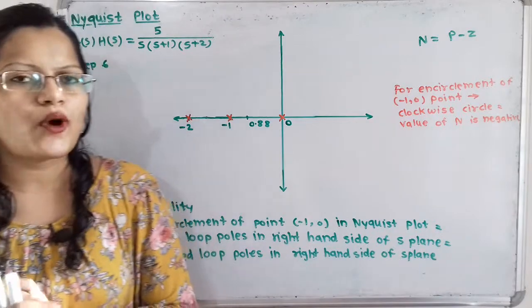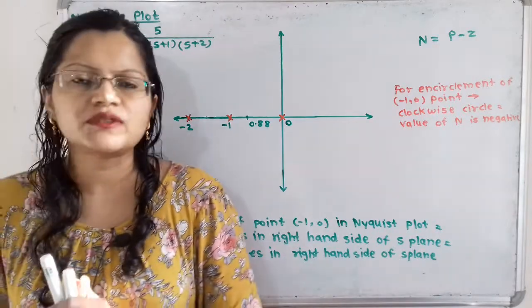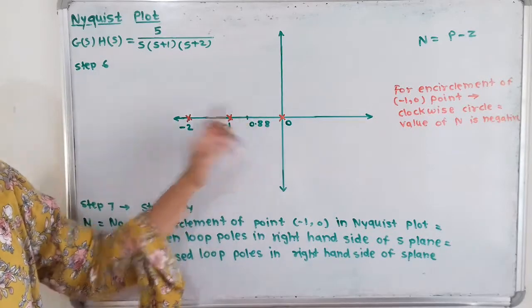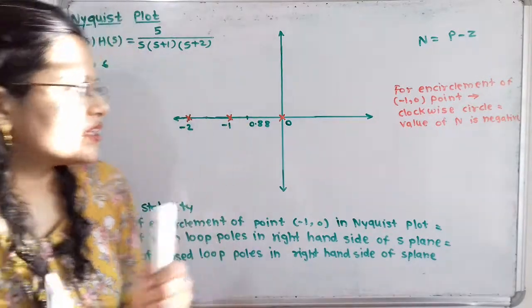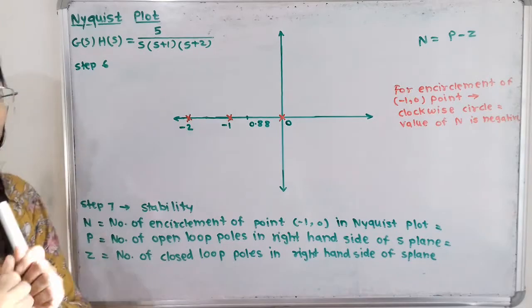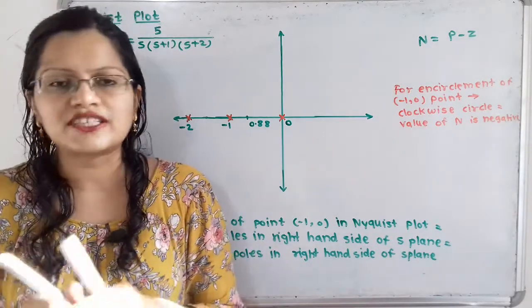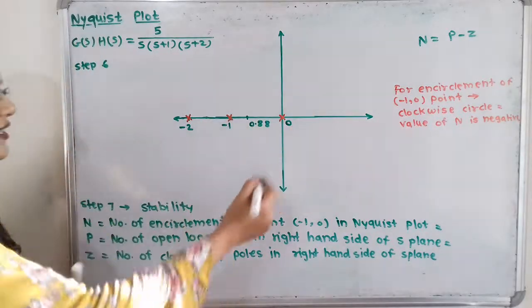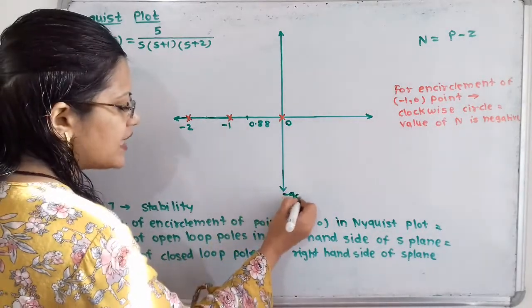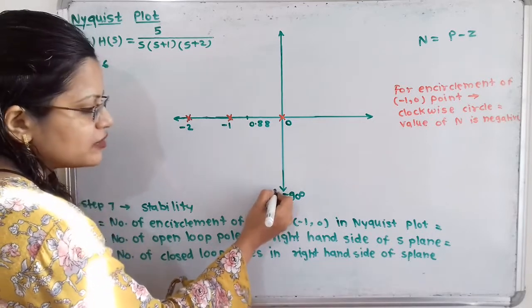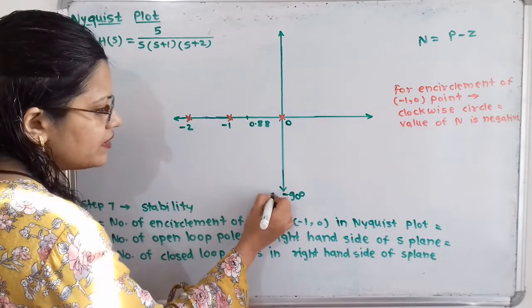Then there is the point of intersection of the Nyquist plot with the real axis. It is 0.88, so this point is also shown. Now we have to first draw the plot for section C1. For this section C1, we know that it starts from the minus 90 degree angle, and the magnitude is infinity.